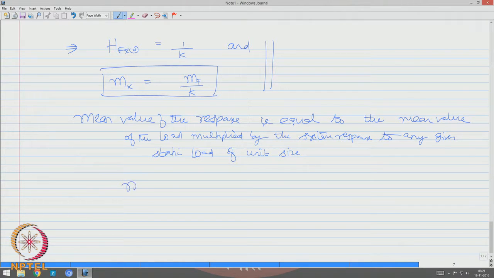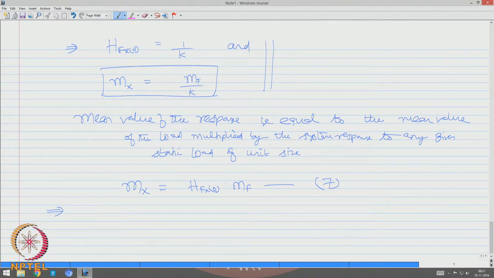One can now say m x is h f x 0 of m f, because h f x 0 is 1 by k. So, this 1 by k is substituted as h f x 0 and m f. That is a very interesting advantage we get.